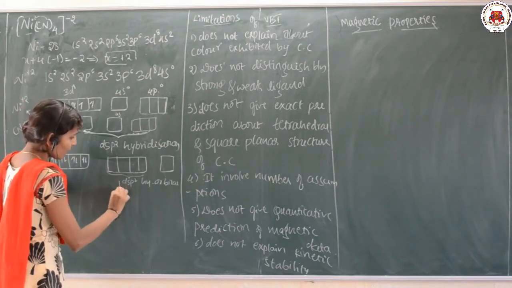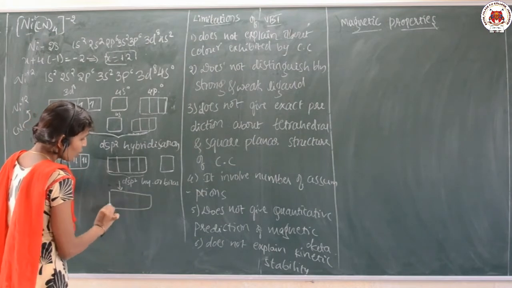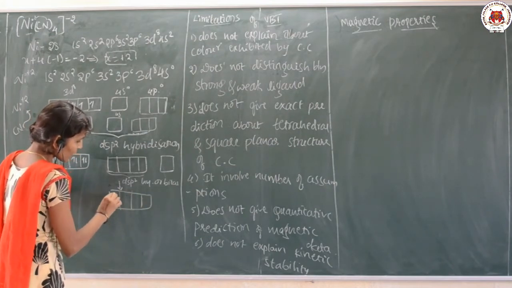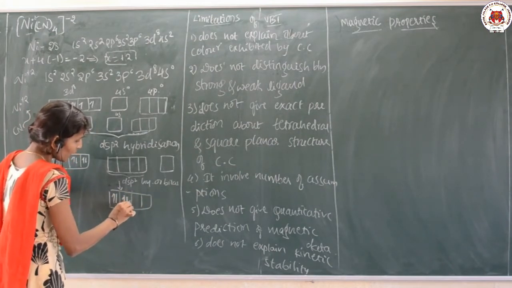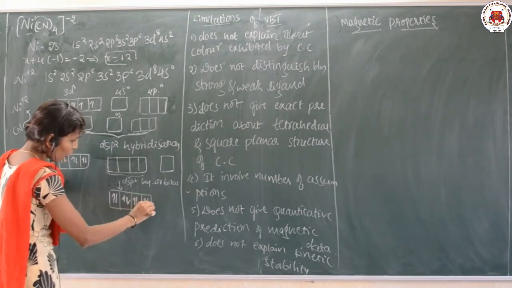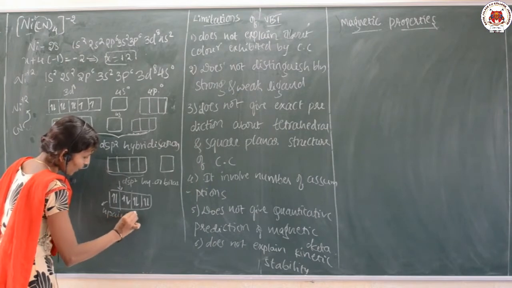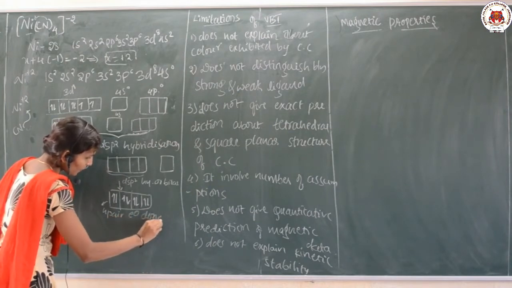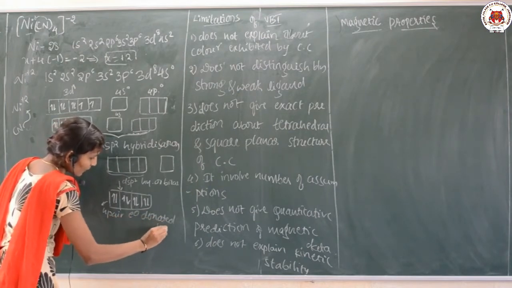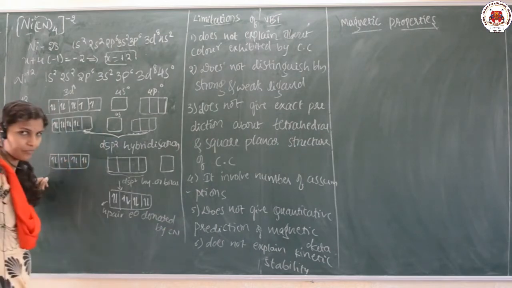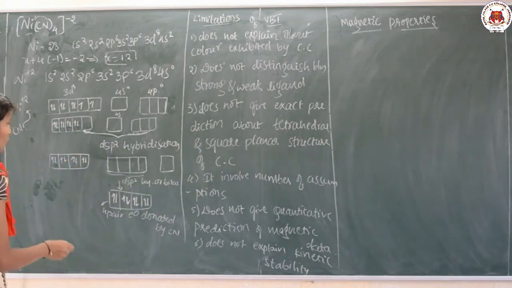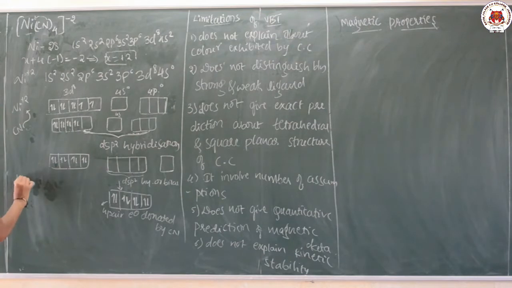So, these hybrid orbitals are occupied by the 4 lone pairs of electrons. These are the 4, it means 8 electrons, or these 4 pairs of electrons are donated by the ligand CN.